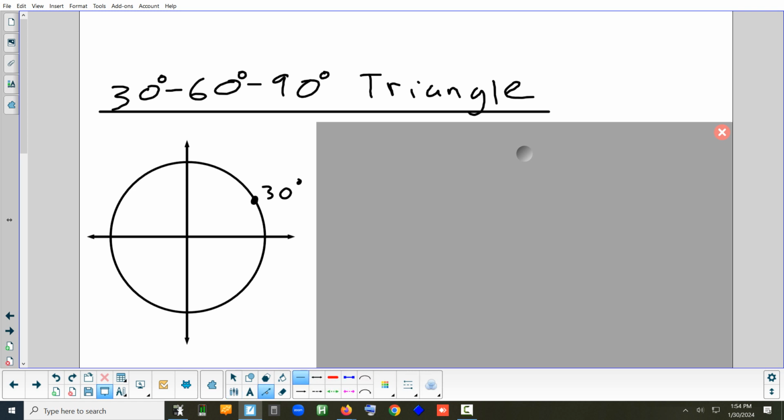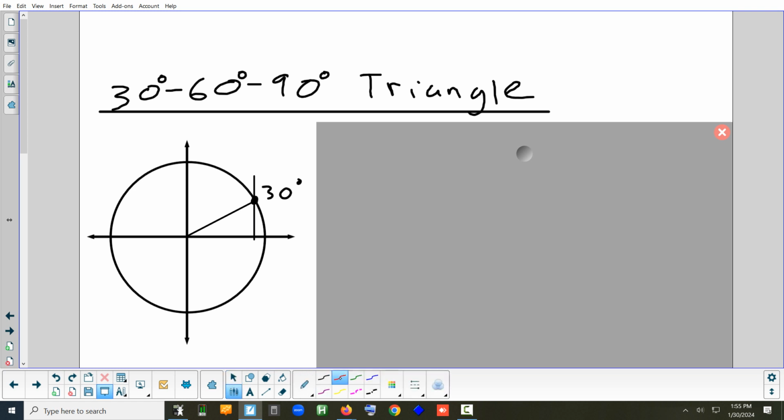Okay, and what shape are we going to make in our triangle? Yep, we're going to make a triangle. So draw your line from your 30-degree mark on the circle to the origin. Okay, and then you need a vertical. Right there.